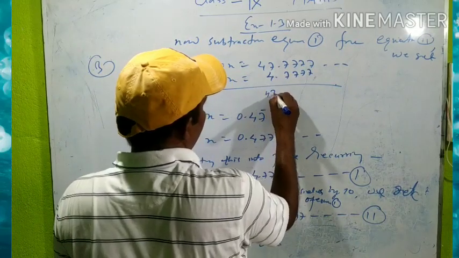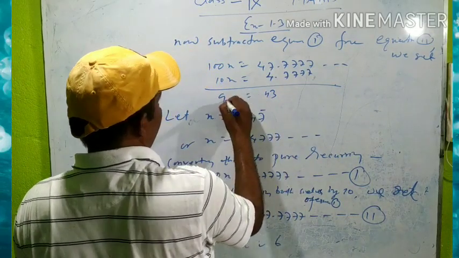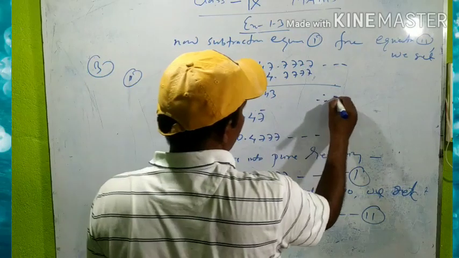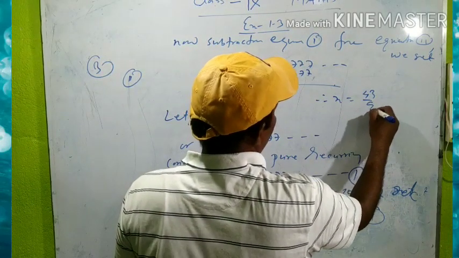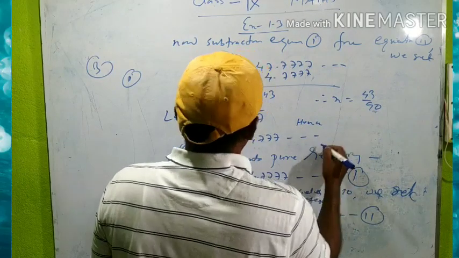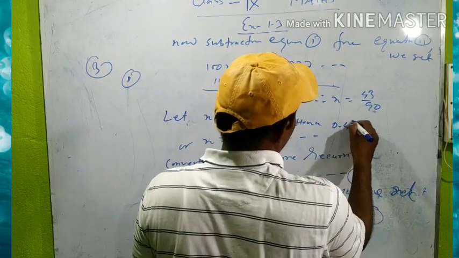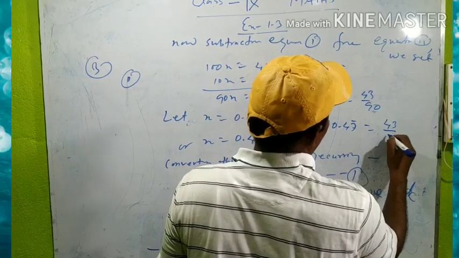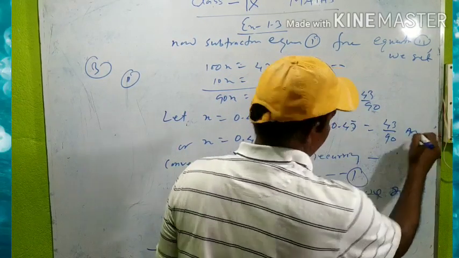I think 43 will be here and 90x. Therefore x is equal to 43 by 90. Hence 0.47 recurring is equal to 43 by 90, the answer.